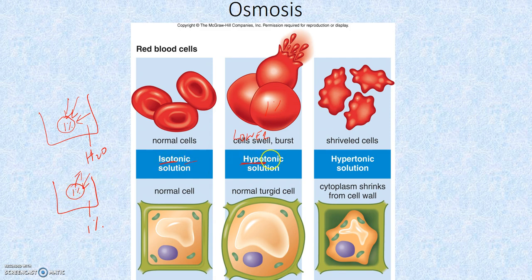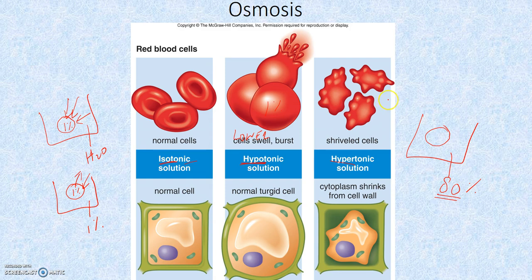In a hypotonic concentration, water will enter and eventually the cell will become bigger and bigger and bigger and finally it will burst. In a hypertonic concentration, I'm taking my RBC and surrounding it in a very, very salty condition, like for example 80% salt concentration.